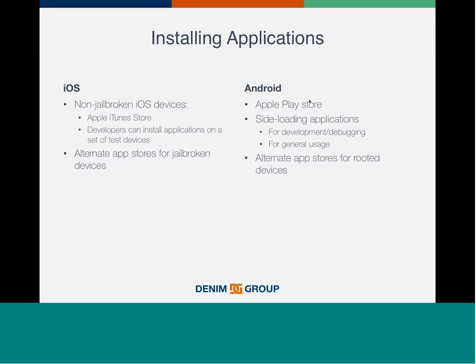In the Android world, you have the Google Play Store, and that's the typical place where you're going to get applications as a user. You also have the ability to sideload applications over USB, for development and debugging, but also for general usage. And again, there are also alternate app stores for rooted devices.